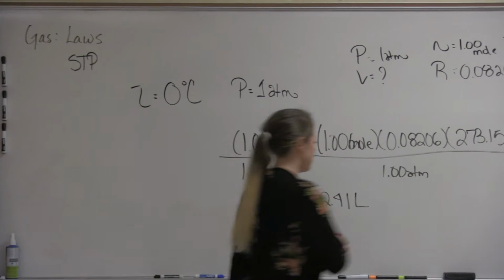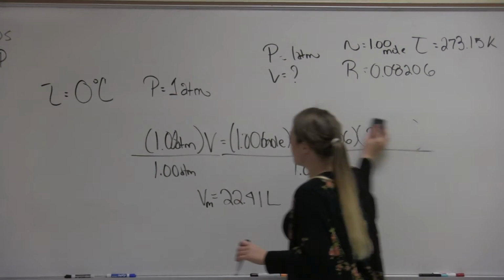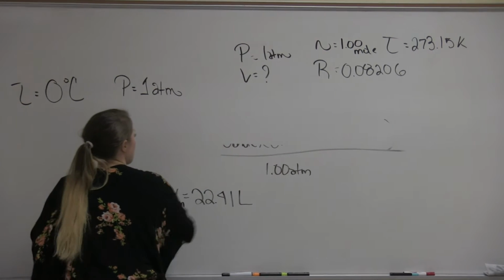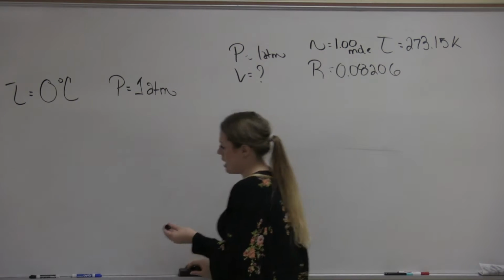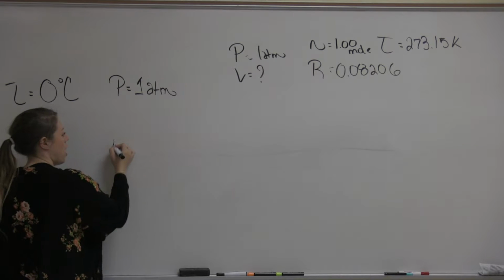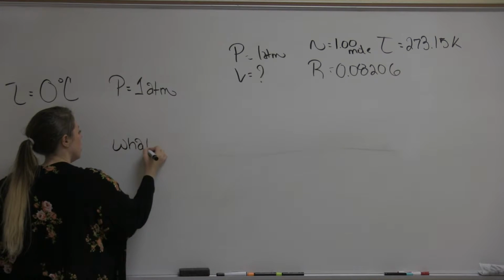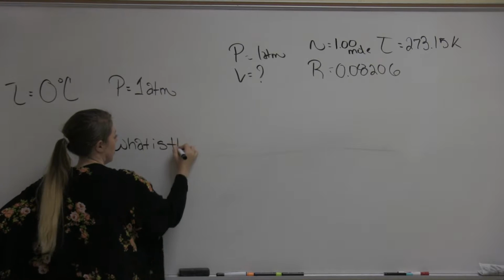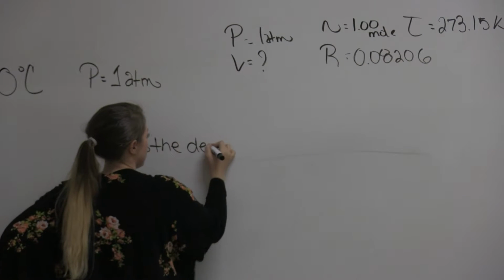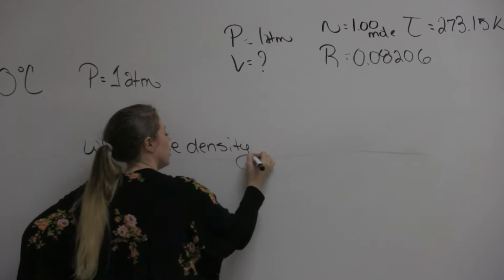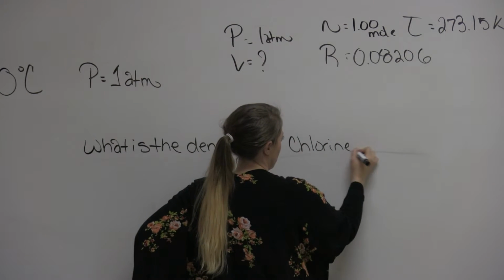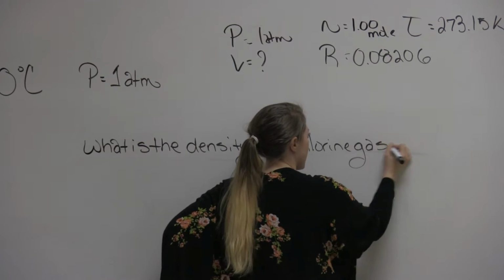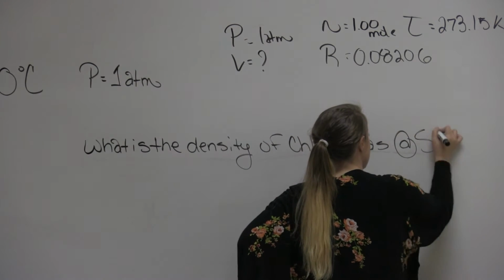So let's say that we have a problem and we want to figure out the density of a gas at STP. Let's say we want to know what is the density of chlorine gas at STP.